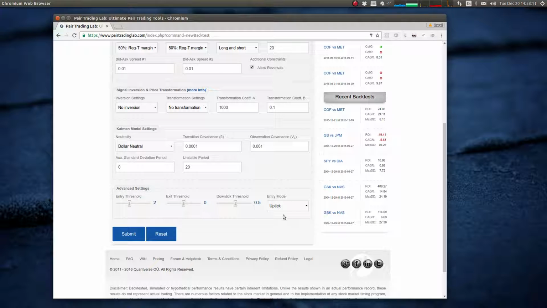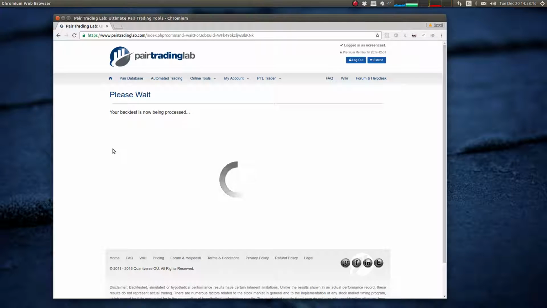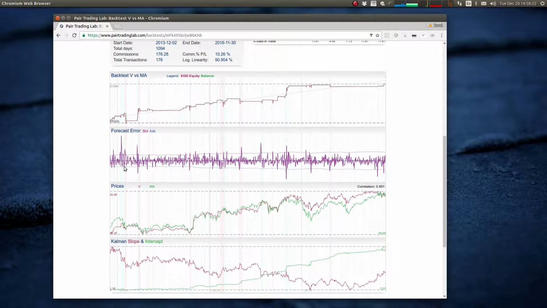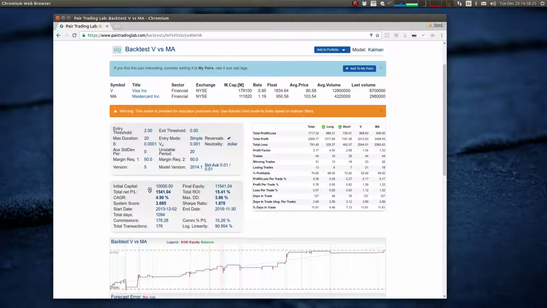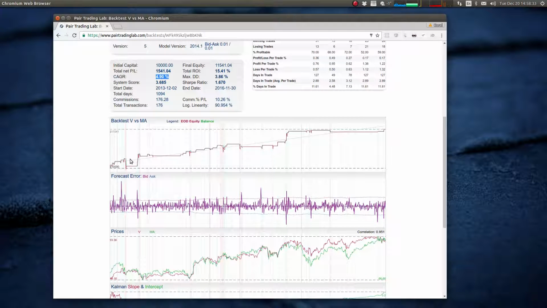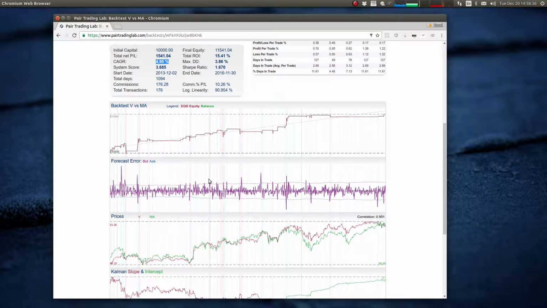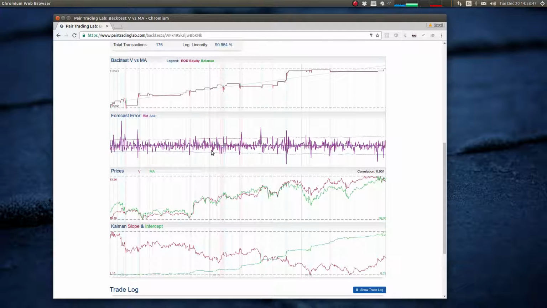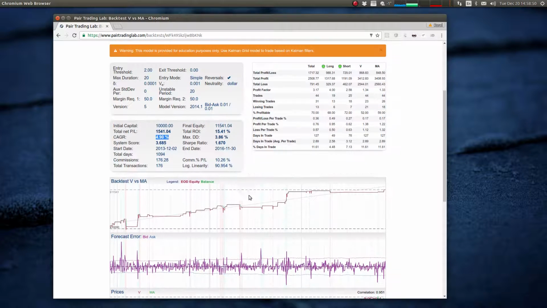We will see what it does. It will be better to keep it simple. Now we can see it's mildly better than the residual model, but there is a really low amount of trades. From this chart you can see this is supposed to be the entry threshold for the strategy, but it's too wide. It doesn't really catch many trades.